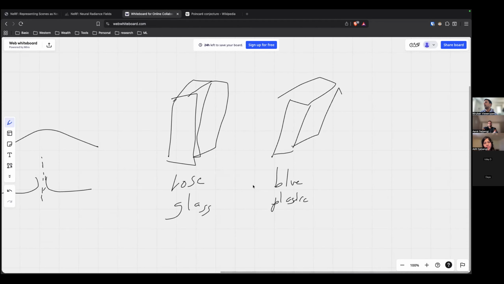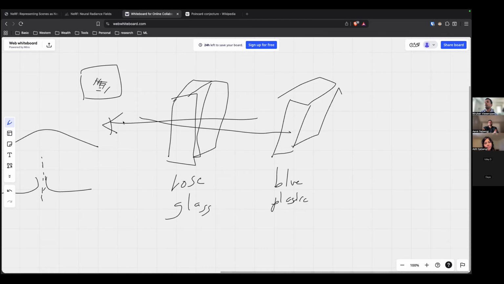Then let's say you are looking at this scene from here. If you look at the scene from here, you are seeing in this direction, right? So when you take a picture from here, in the picture you will see some rose color, and also some blue color in the background. Do you agree? Because there's a rose glass and also blue plastic.